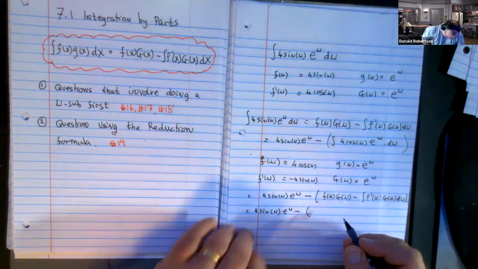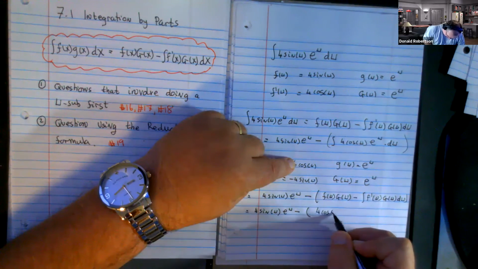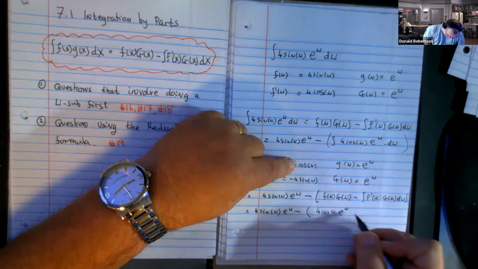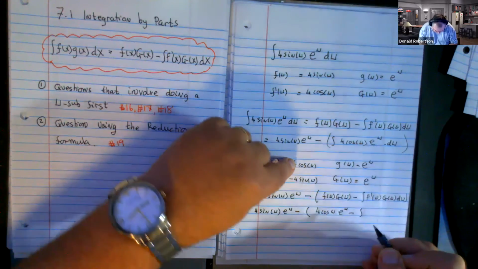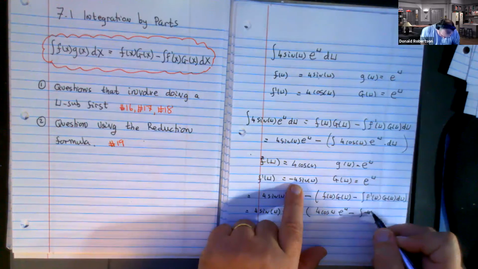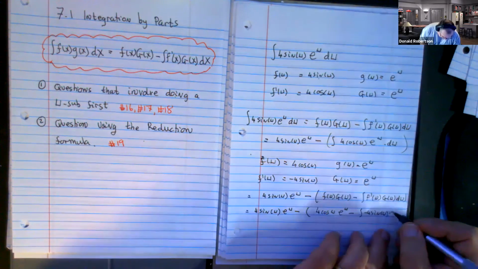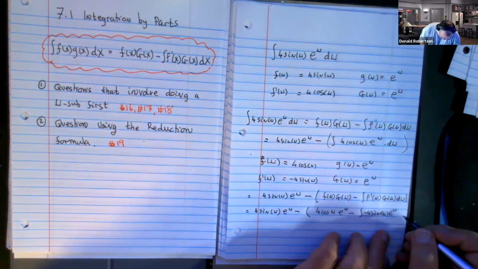So it's going to be f of u, that's 4 cosine u, e to the u. Take away the derivative, and the derivative is this fella, e to the u, du.